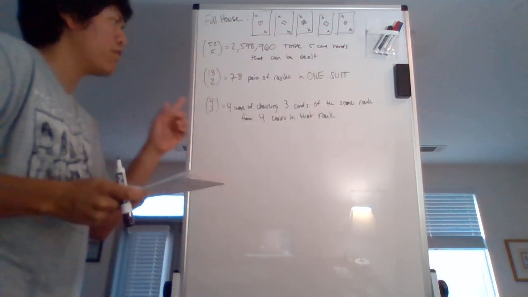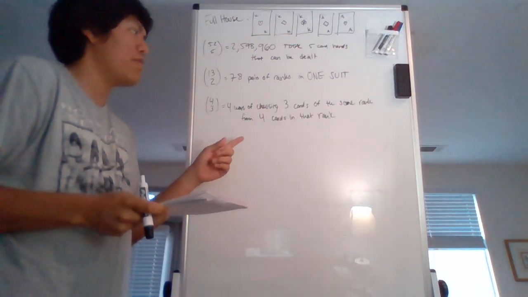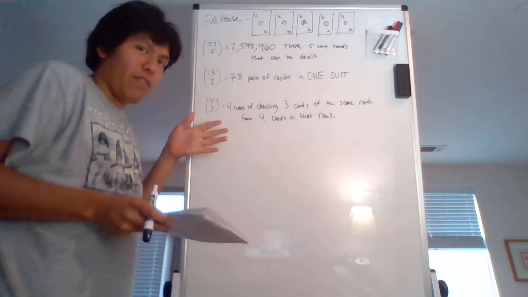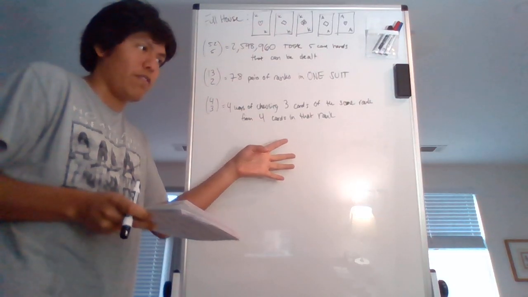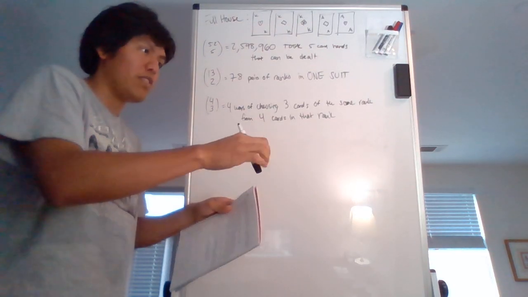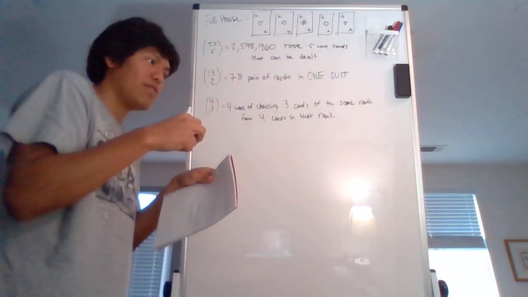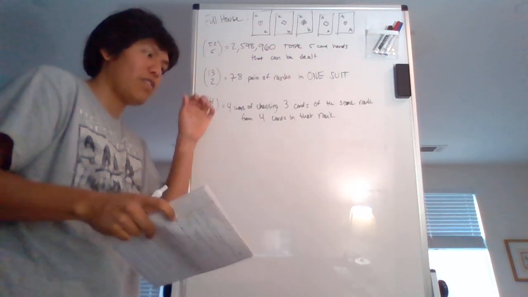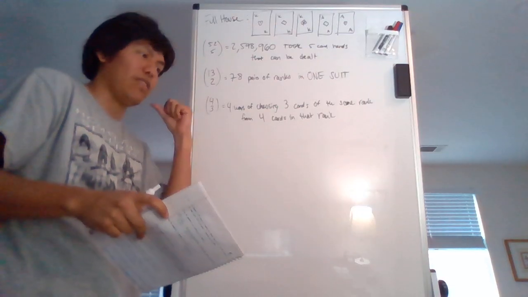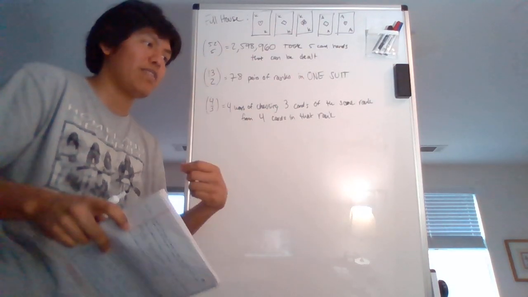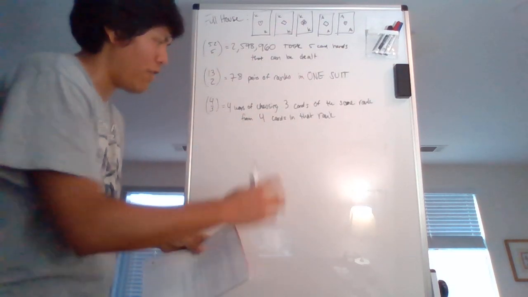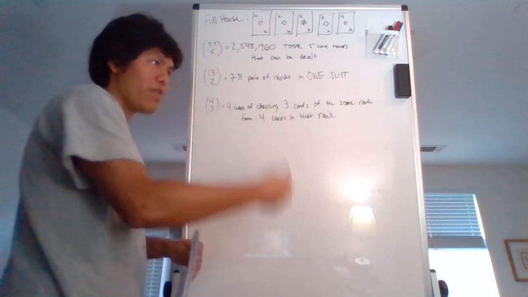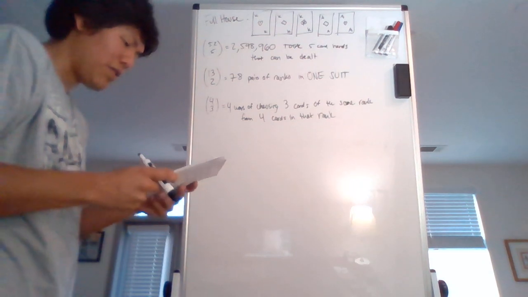Okay, so there are 4 ways of choosing 3 cards of the same rank from 4 cards in that rank. If you have the 4 kings in front of you, there are 4 ways of choosing 3 of those, right? You know, you take the king of hearts, clubs, and spades, or you take the king of hearts, diamonds, and spades, or whatever. If you have the 4 kings laid out, there are 4 ways to only take 3 of them. Okay?